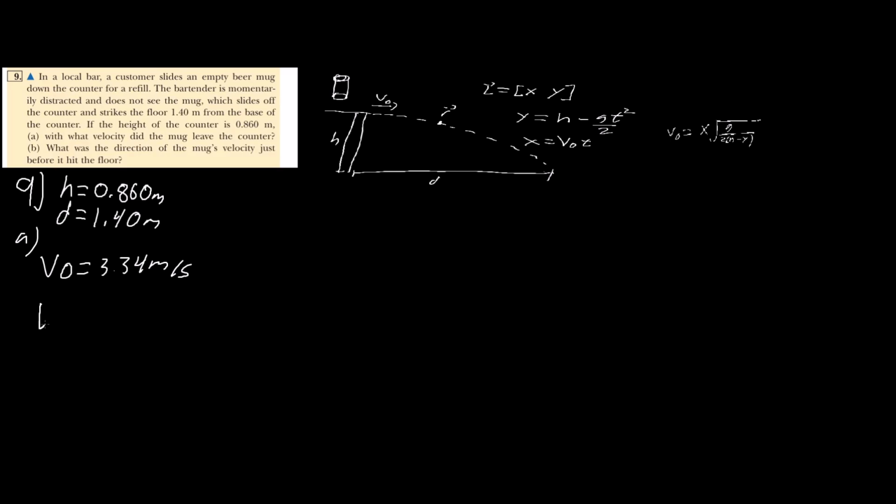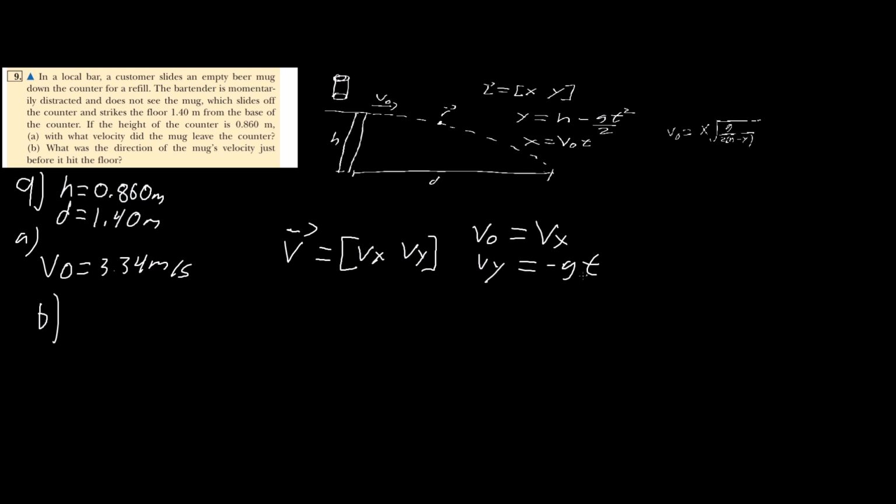All right, folks, let's answer part B. What is the direction of the mug's velocity just before it hits the floor? So the final velocity is going to be, I'm going to define this to be Vx and Vy. Vx, or V naught, is going to be Vx. Vy is going to be the final velocity, which is going to be the initial velocity minus gt.